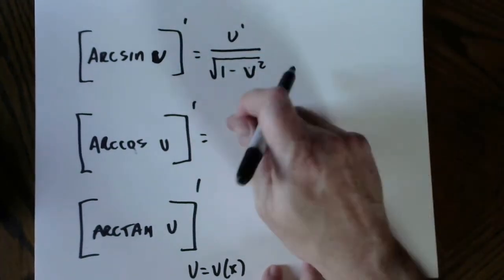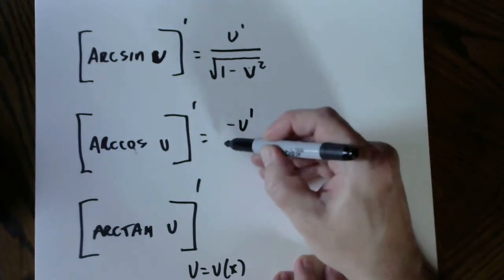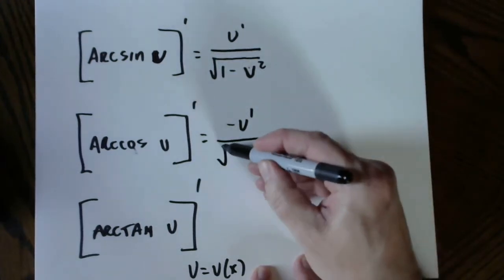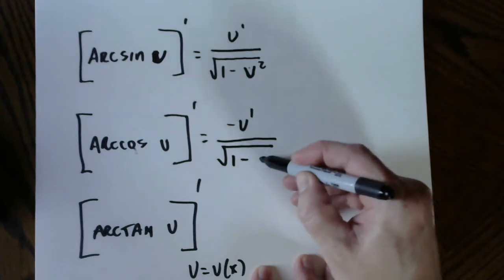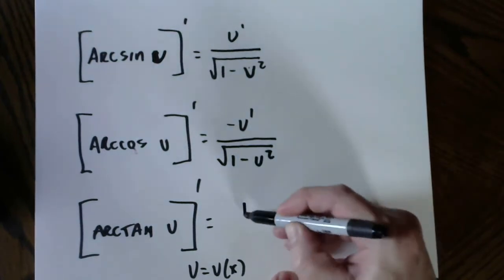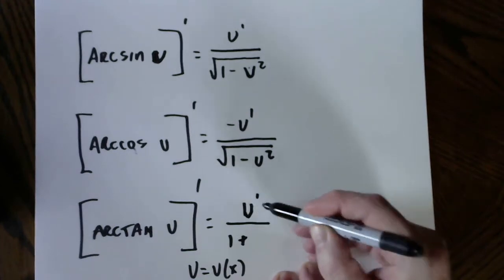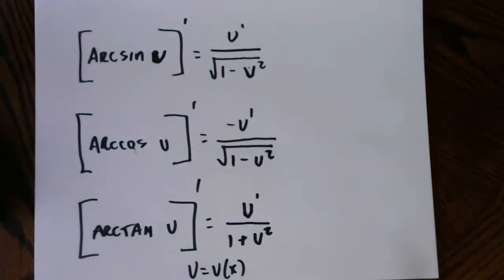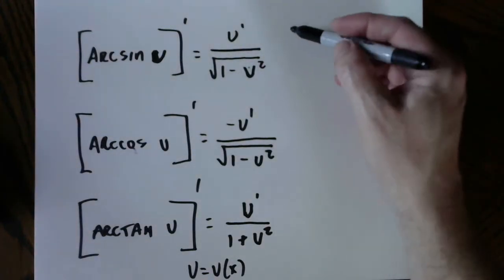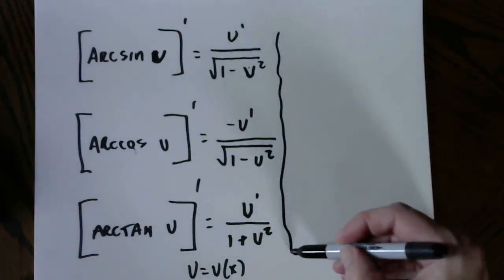Interesting, I didn't do the proof for this one. This is the same, it's just negative. And this one, we just did the proof for. Sorry, I'm getting a little sloppy here. And I'll write these smaller.